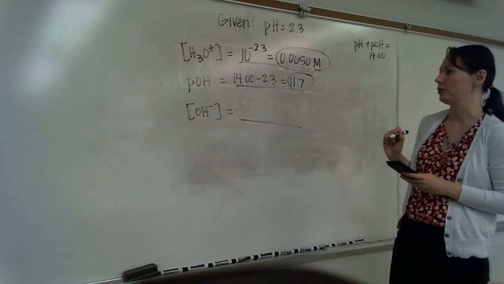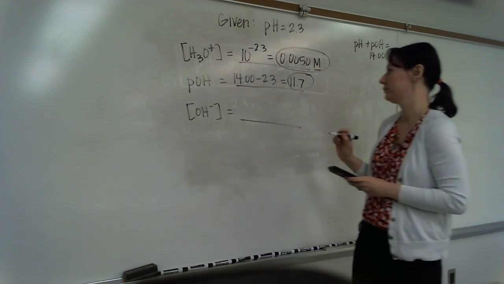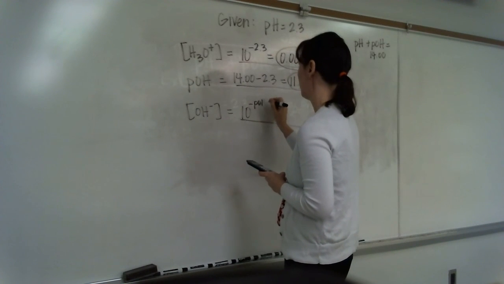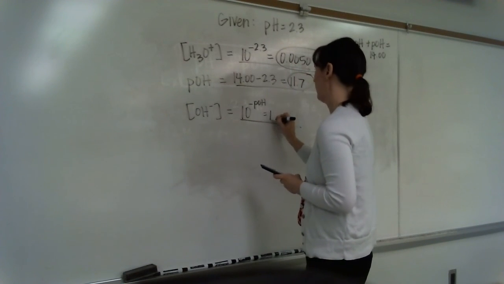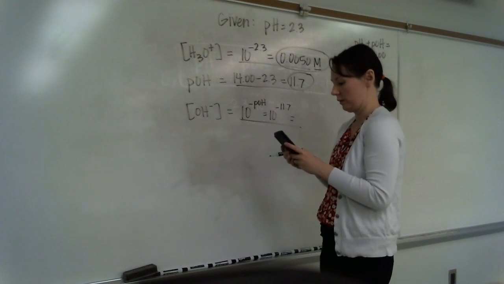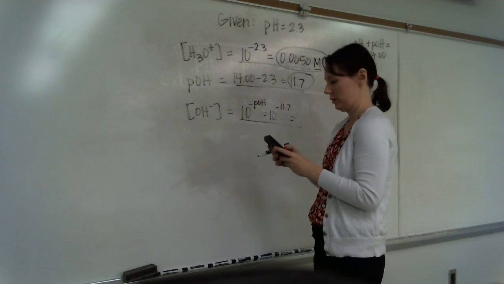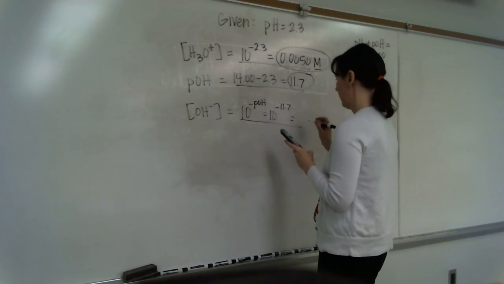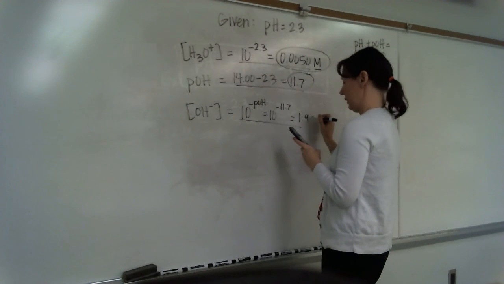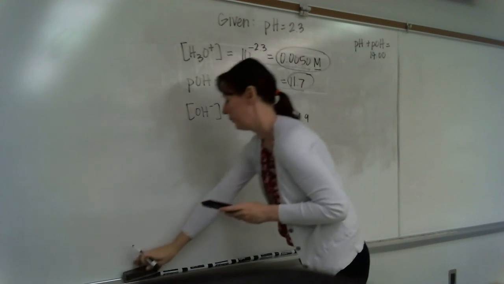And then how would I get hydroxide ion concentration? That would be 10 to the negative POH, which we just found. So 10 to the negative 11.7. So 11.7 10 to the x. 1.9, actually that'd be 2.0.